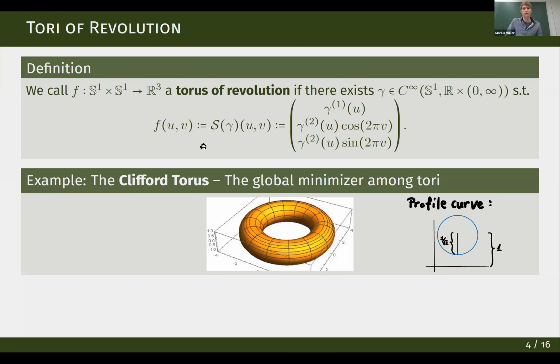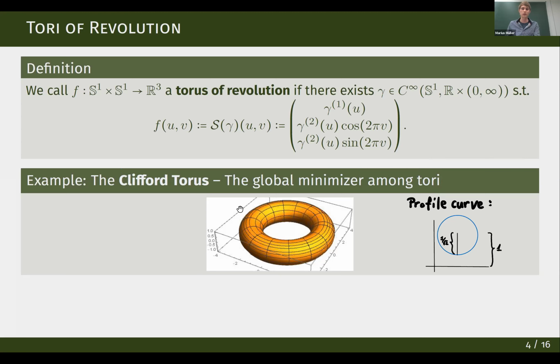This is a torus of revolution, and now one can again look at the Willmore energy and look at tori of revolution that have a special sort of Willmore energy. What is known is, for example, that the global minimizer among tori of revolution, and actually also among all tori, is the Clifford torus.